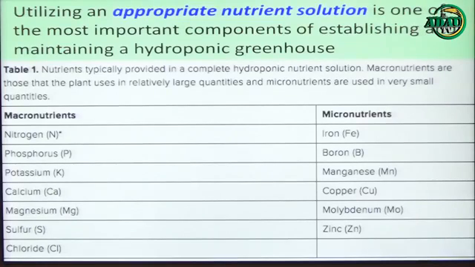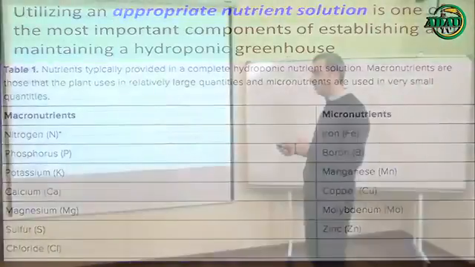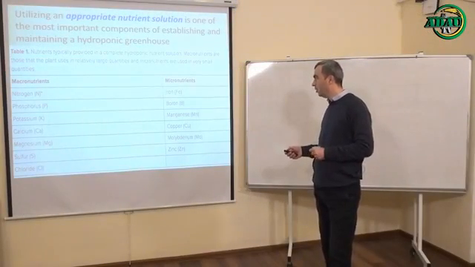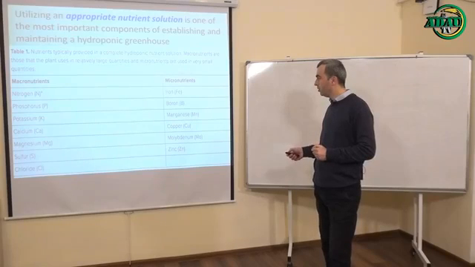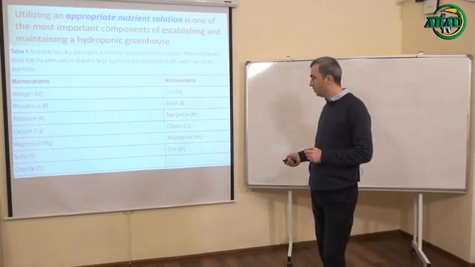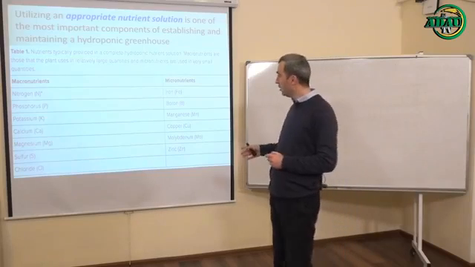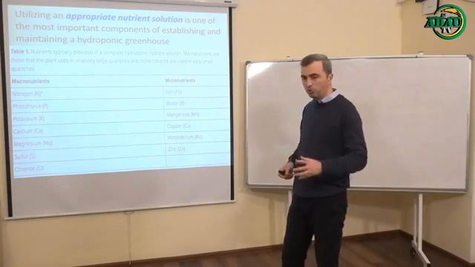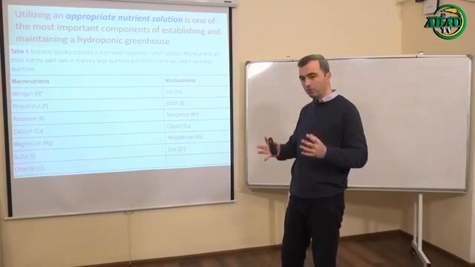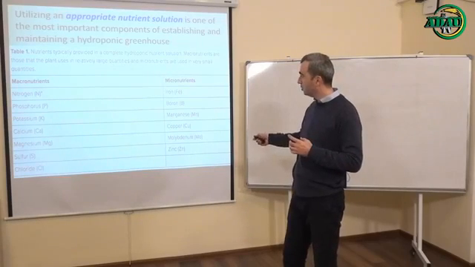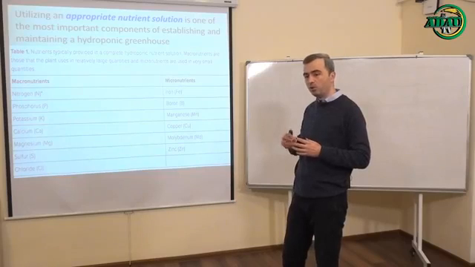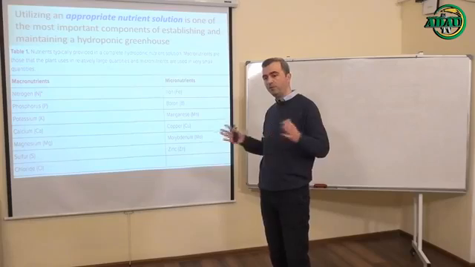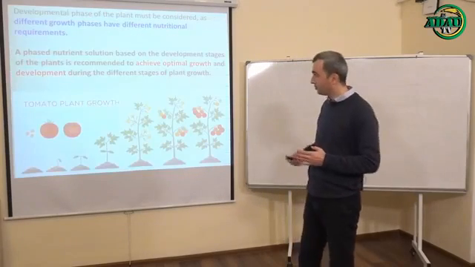Amongst micronutrients used in the hydroponic system are iron, boron, manganese, copper, molybdenum, and zinc. So, as you could see, macronutrients are those which are used by the plant in bigger portions, and micronutrients are given in smaller portions, in grams and milligrams. You will see why we have divided them into two main groups.